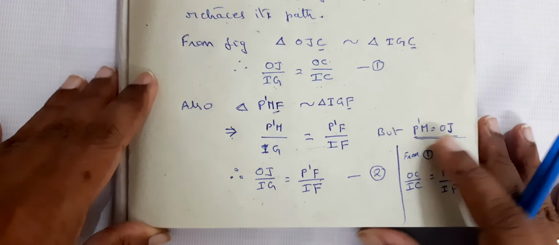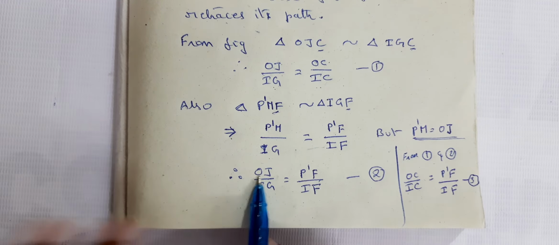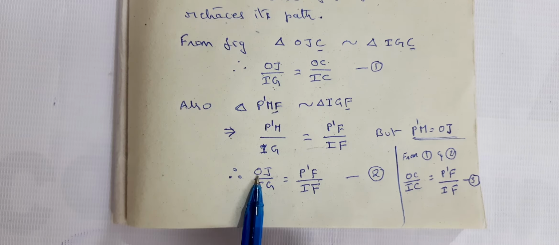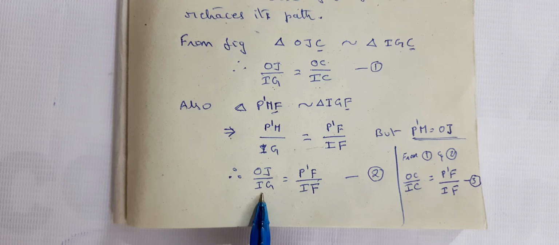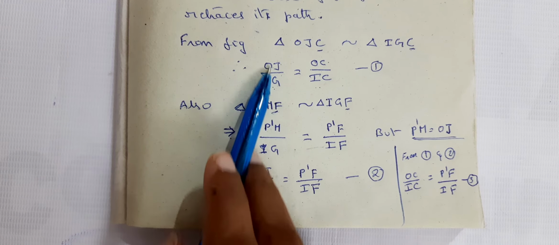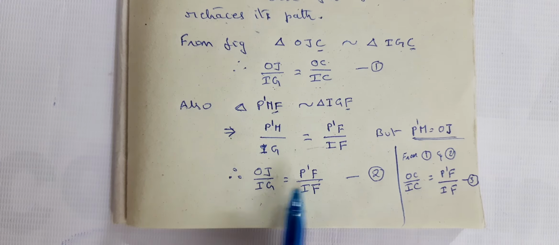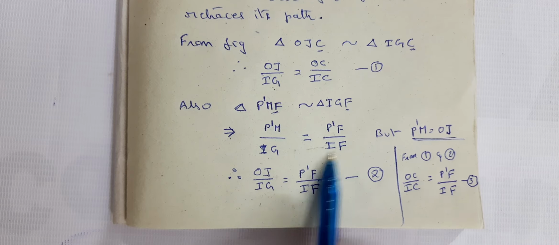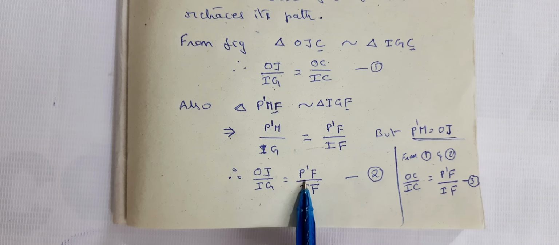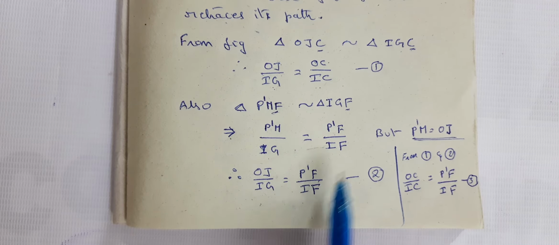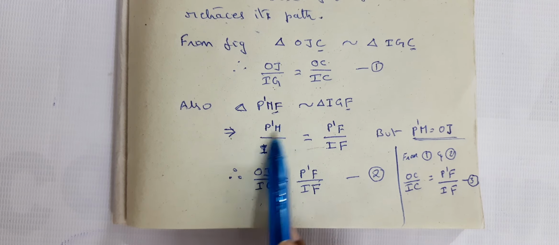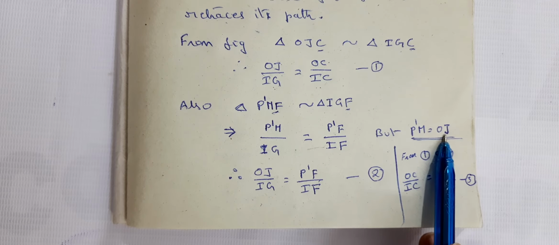So P dash M is equal to OJ. Let us substitute OJ in place of P dash M. So OJ by IG, as in the first equation also, which is equal to, according to this equation, P dash F by IF. So in this you are substituting P dash M equal to OJ.